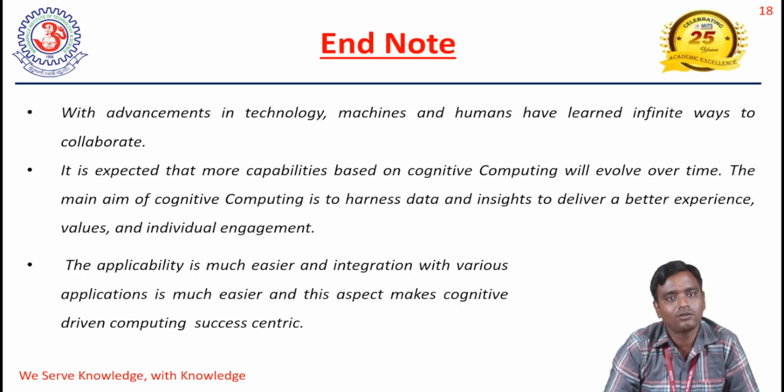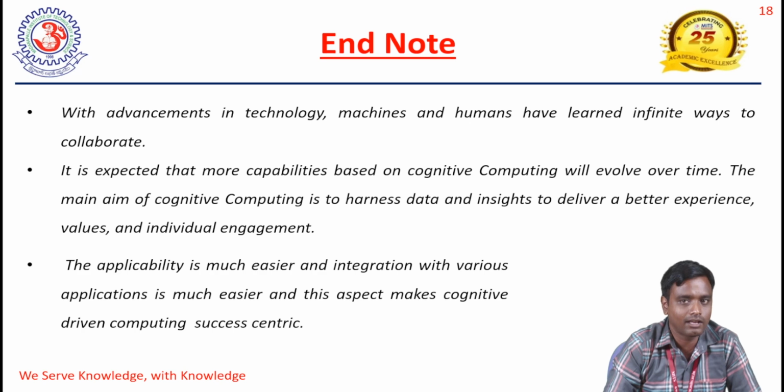And as a note, with the advancement in the technology, machines and humans have learned infinite ways to collaborate. So one such way is cognitive computing. So it is expected that more capabilities based on cognitive computing will evolve over time. So it requires certain technological advancements as well as physical advancement in order to apply cognitive computing in certain fields. The main aim of cognitive computing is to harness the data and insights to deliver a better experience, values, and individual engagement.